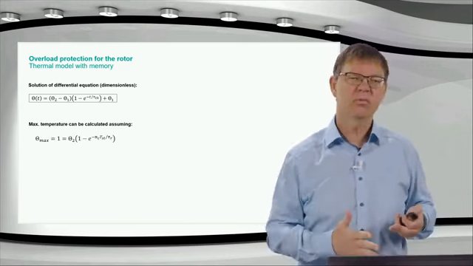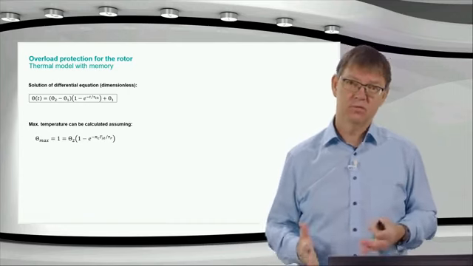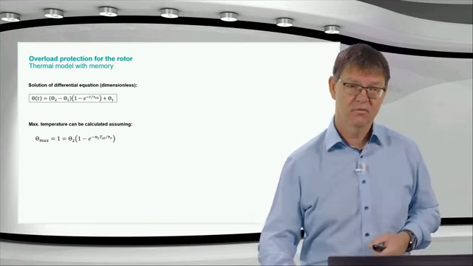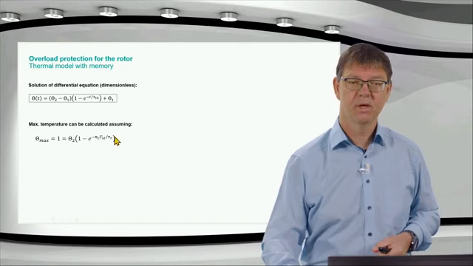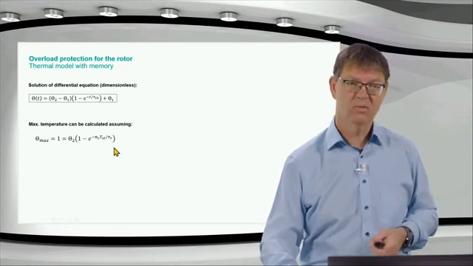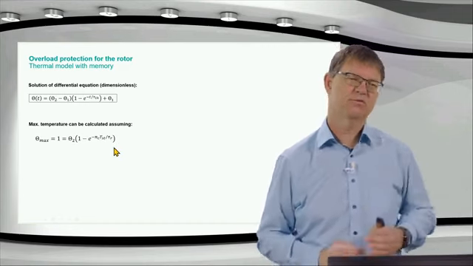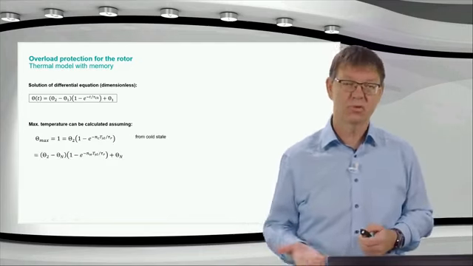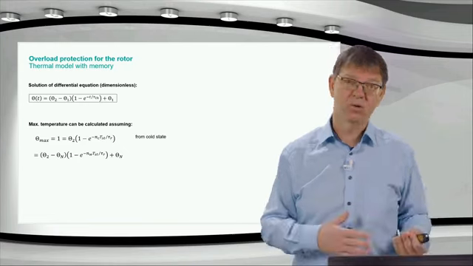Then we give the tripping command. Now we can assume that we get this maximum temperature if we start n cold times the starting time here. And then I get my maximum temperature. So 3 starts from cold bring me directly to the maximum temperature. This is one assumption from cold state. From warm state, it's a little bit more complex.